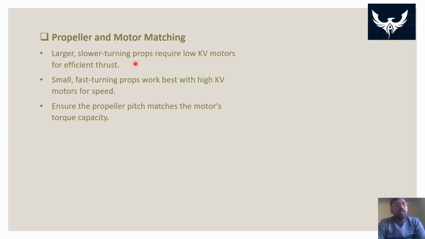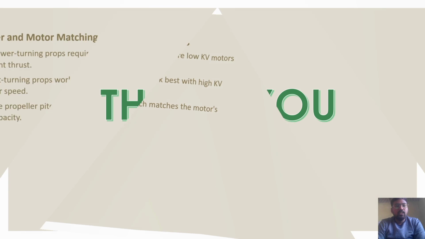Larger, slower turning props require low kV motors for efficient thrust, as we need efficient thrust for a good flight. Small, fast turning props work best with high kV motors for speed, and ensure the propeller pitch matches the motor torque capacity. This is important.